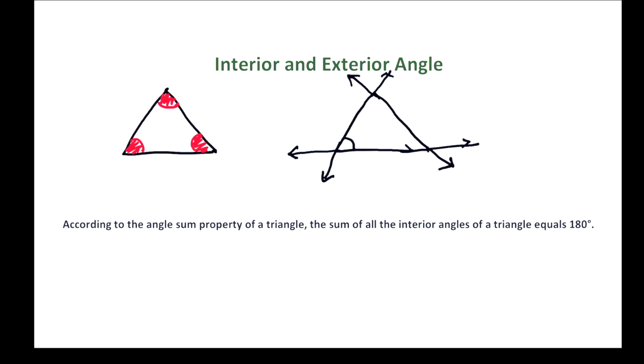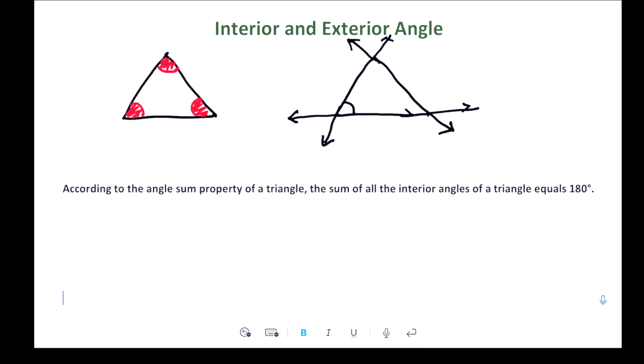So let's talk about what the adjacent angles are here. I see an adjacent angle here because we got the angle by extending this side. I see an adjacent angle here because we got this by extending this side. I found an adjacent angle here. We got it by extending this side.